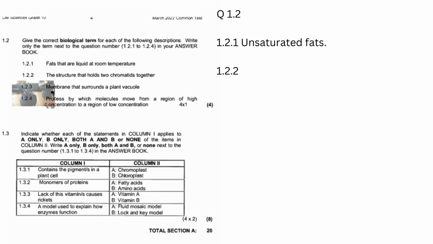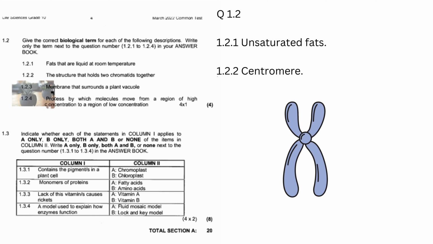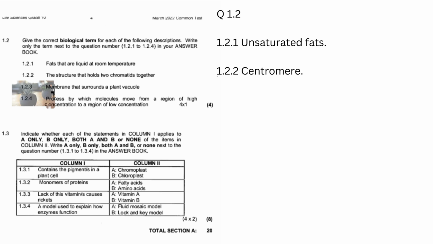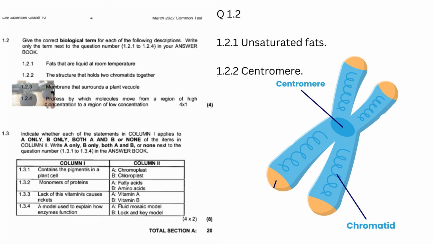Question 1.2.2, the structure that holds two chromatids together. The answer is centromere. Now think about when a chromosome duplicates. It forms that X shape. What's holding the two halves together in the middle? That small middle joining point, that's the centromere.